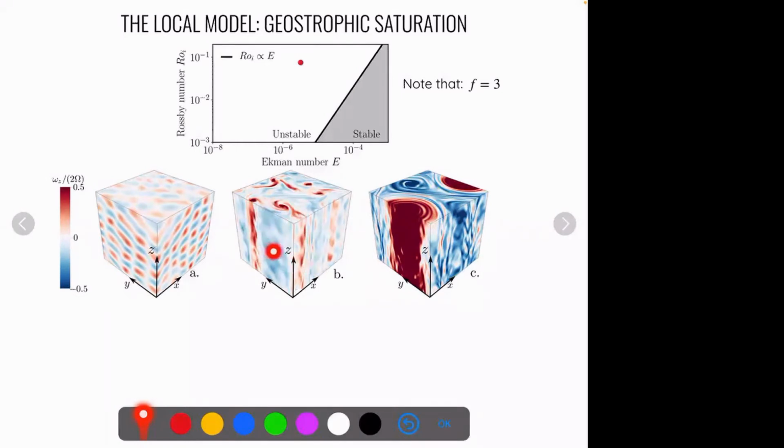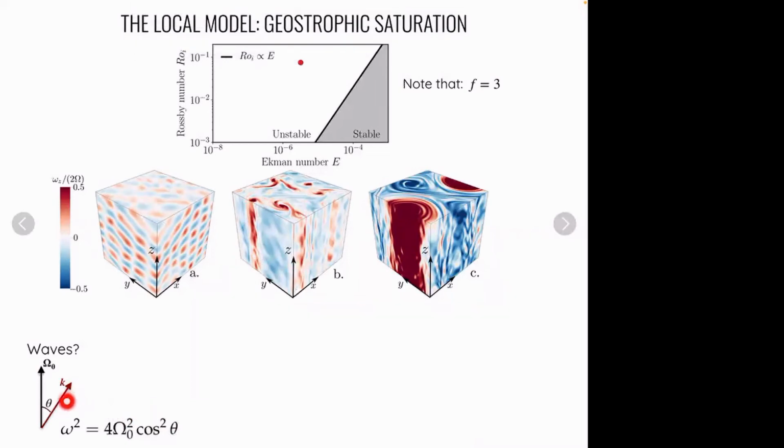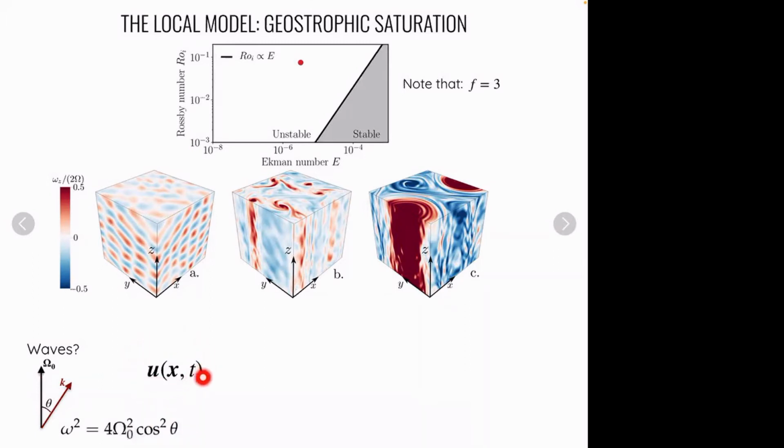So to answer this question, we project the energy of the waves into the space of the dispersion relation. So we represent the energy as a function of omega, the frequency, and theta, the angle between the wave vector and the rotation axis. We do that by taking the flow in the real space, the velocity in the real space.